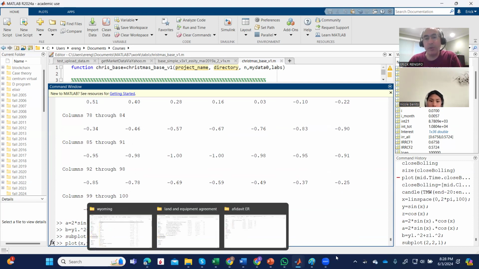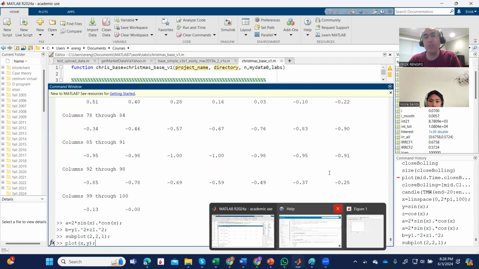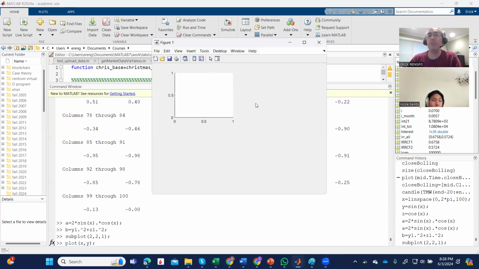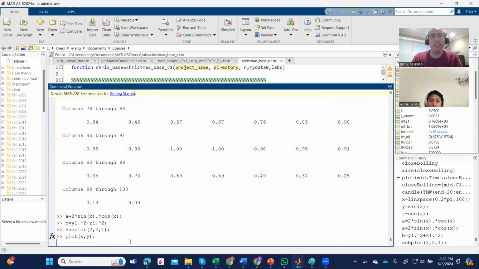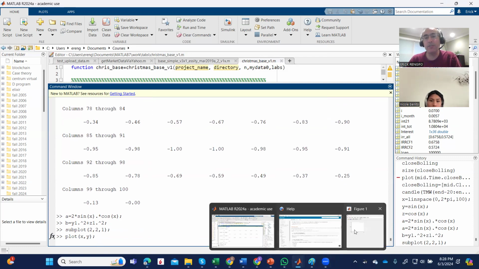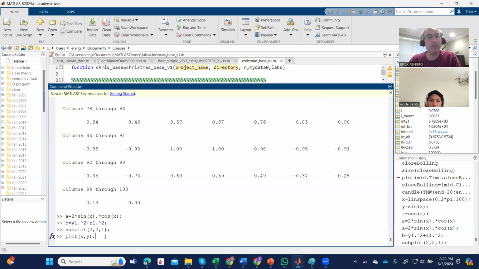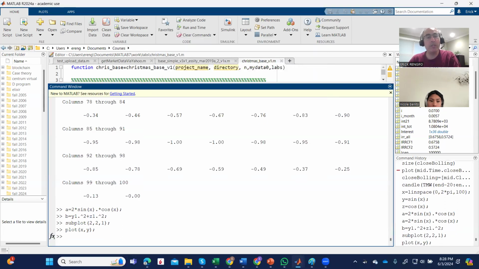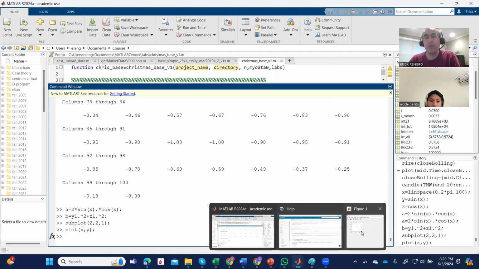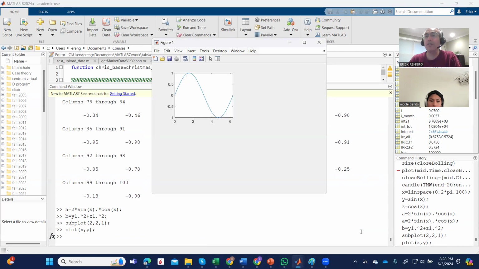When we draw the subplot, it created an empty space for the first position. What I will do there is simply plot x and y. Here we go. Do you see?